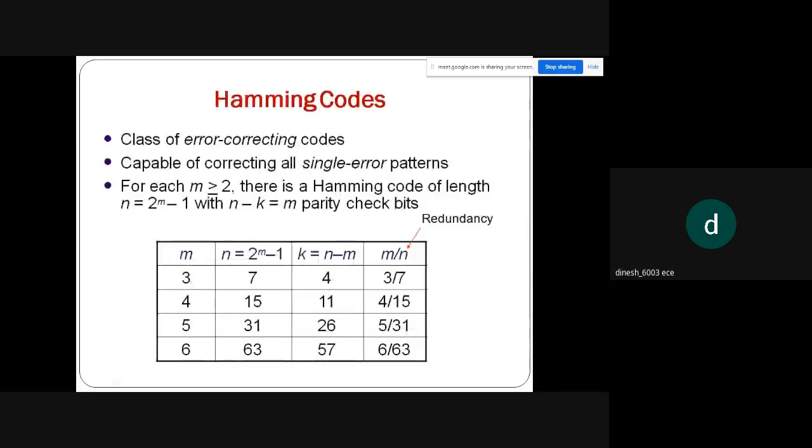If m is equal to 3, the condition for Hamming distance is that m should always be greater than or equal to 2. So I take for example m is 3.